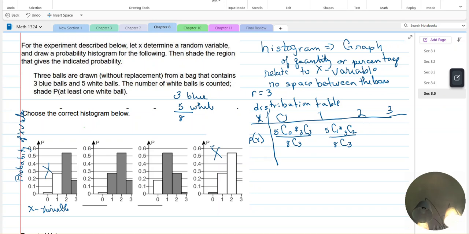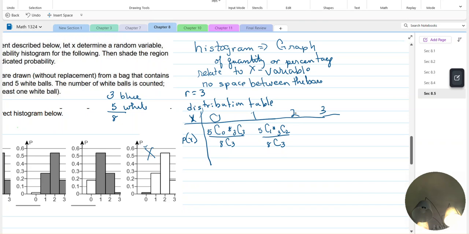Now we're doing the third one, and that's going to be for 2 white: 5 choose 2 times 3 choose 1, all over 8 choose 3.